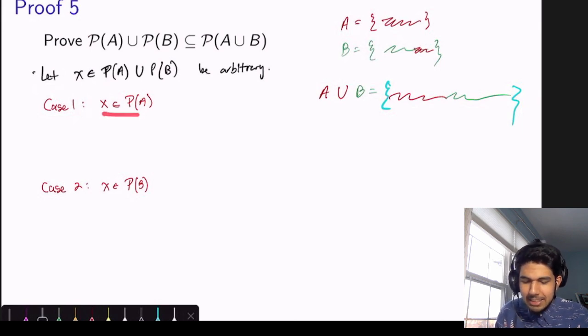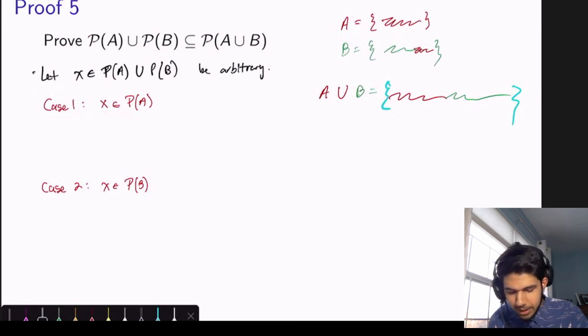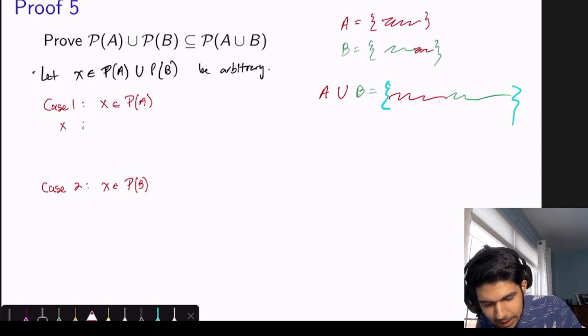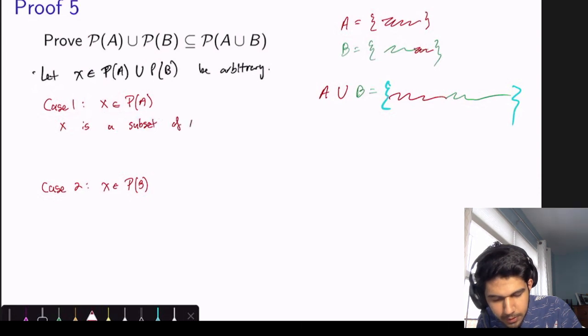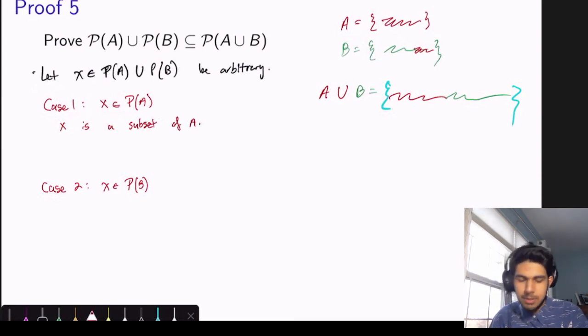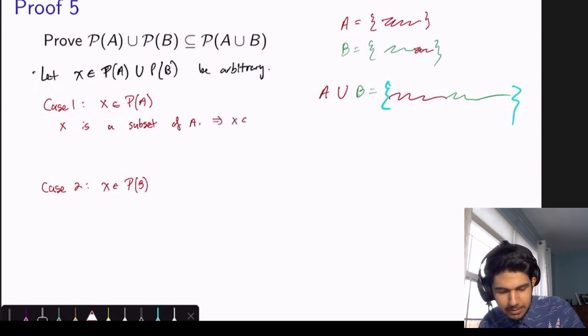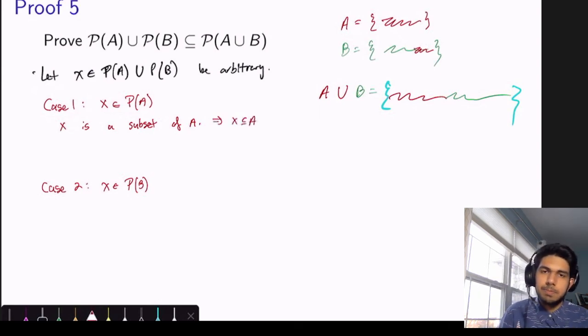If X is an element of the power set of A, then X is a subset of A, right? So X is a subset of A. That's just by definition.